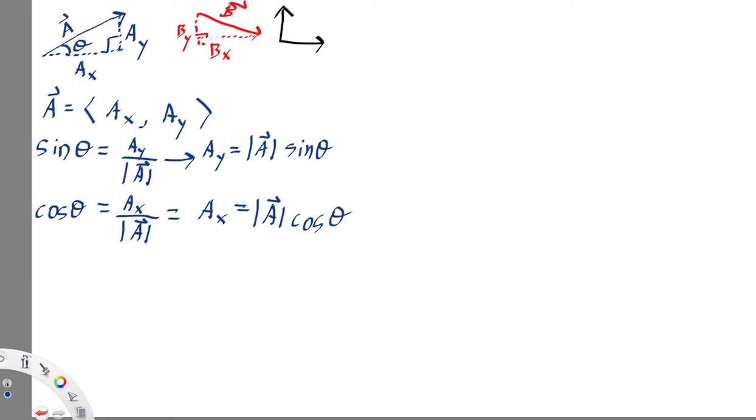If we have the opposite case, and we know the legs of the triangle, but we don't know the angle and we don't know the length, we can use trigonometry to get at that as well. So the tangent of the angle is going to be equal to the y part over the x part, the opposite over the adjacent. Or we can say that the angle itself is going to be the inverse tangent of AY over AX.